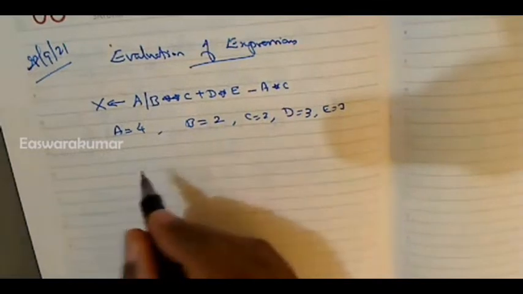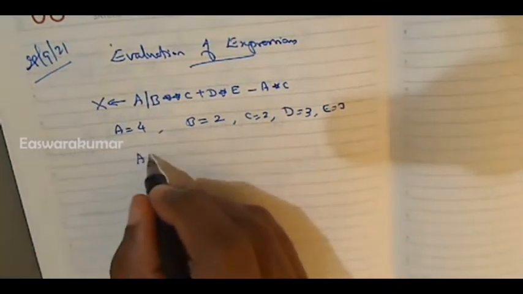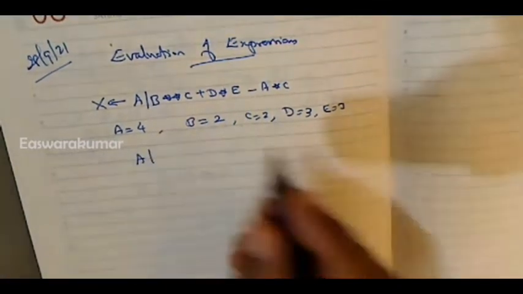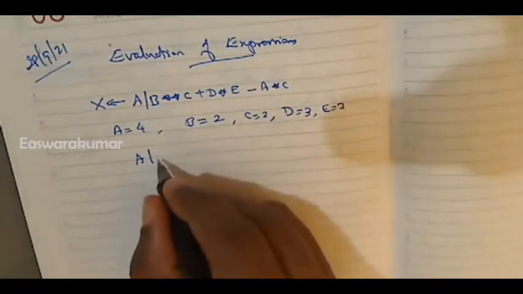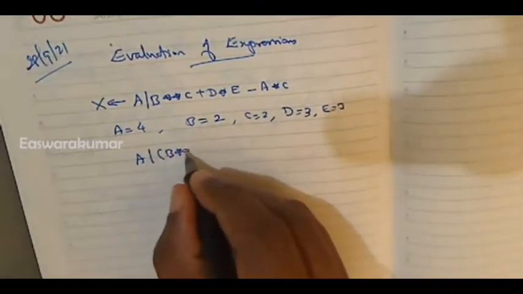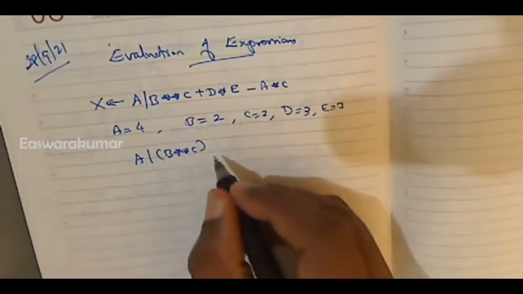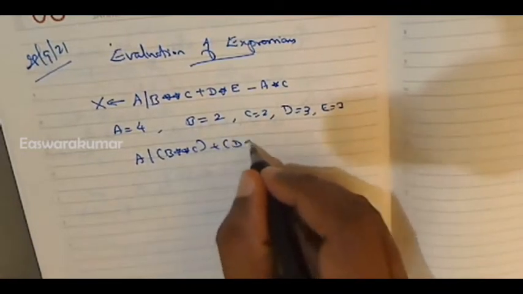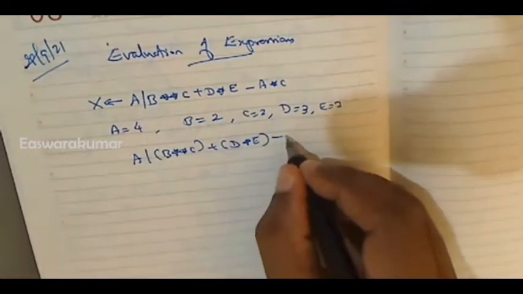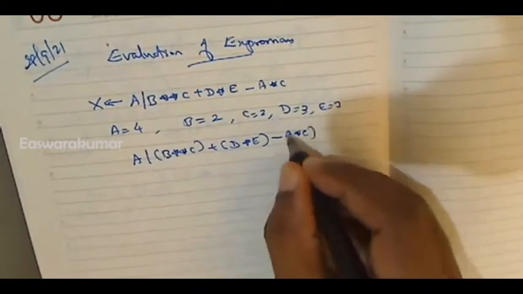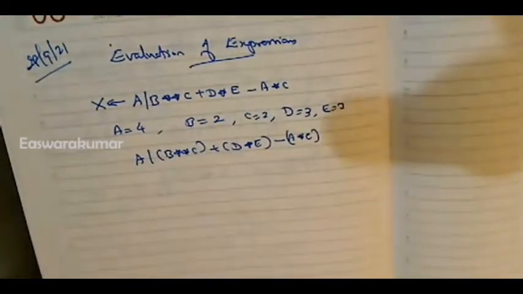We can give some parentheses to show the way in which we evaluate: b star star c, then plus d star e minus a star e. This parenthesis gives the order in which we evaluate the expression.